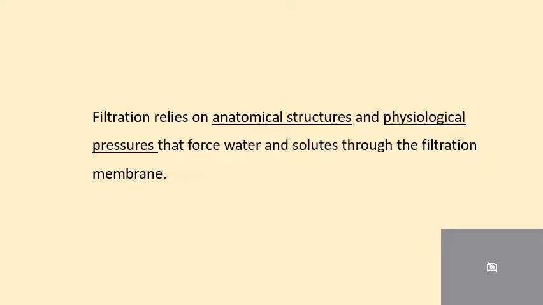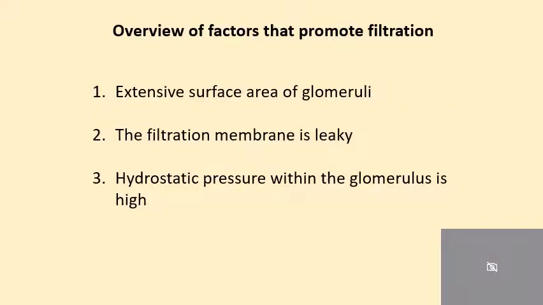And so in order to ensure that urine is constantly being formed, we have a suite of anatomical and physiological forces at work that ensure that filtration is always happening. These are 3 factors that encourage or promote filtration, and we'll take a look at each one of these.